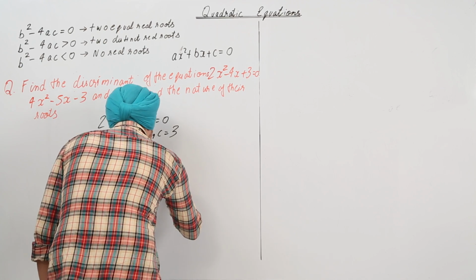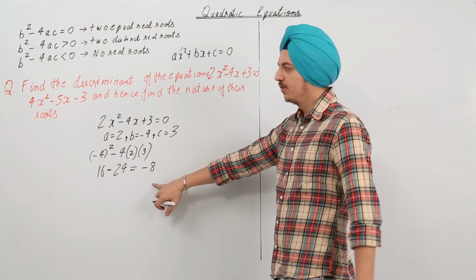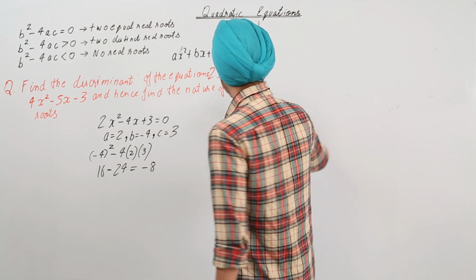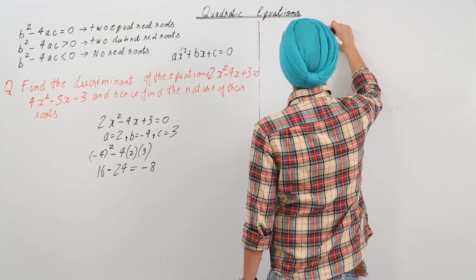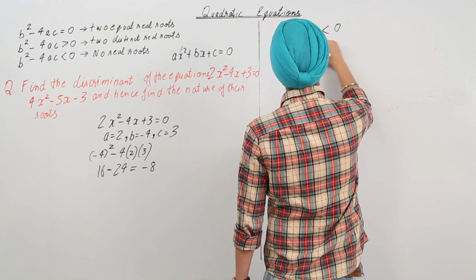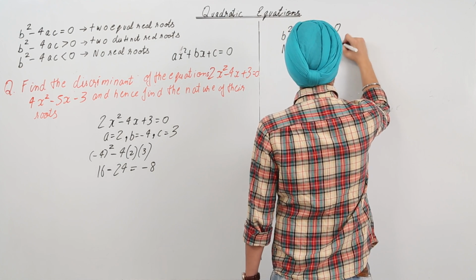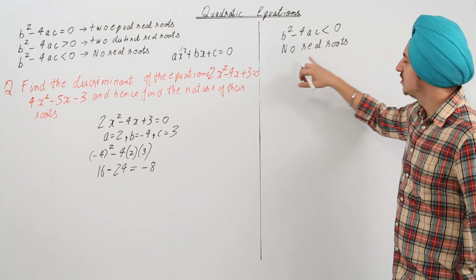So this comes out to be equal to minus 8. So minus 8 is less than 0. So we have b square minus 4ac is less than 0. So we have no real roots. Okay. Now coming on, this equation has no real roots.